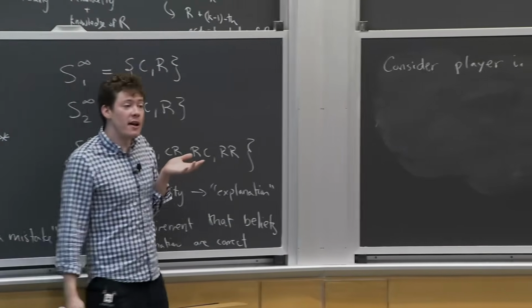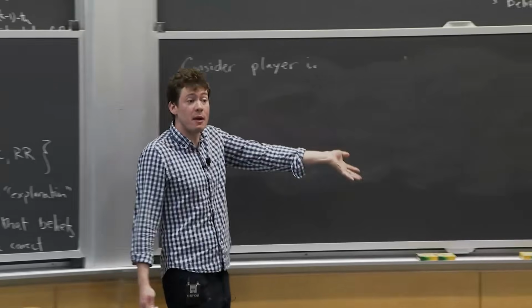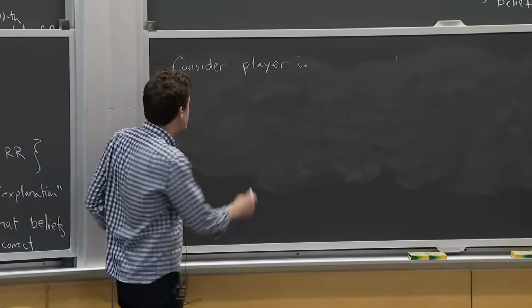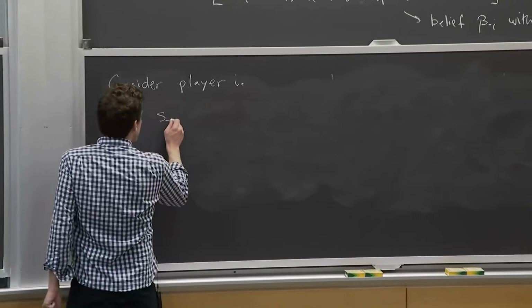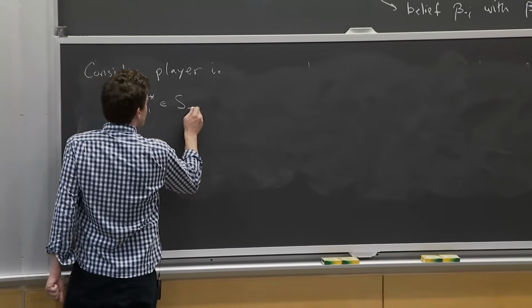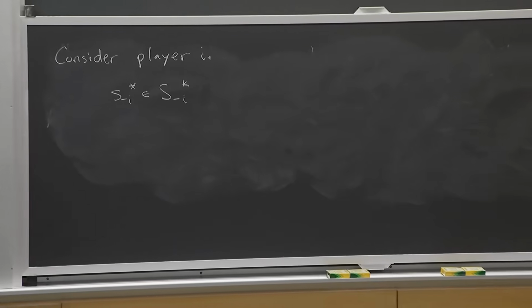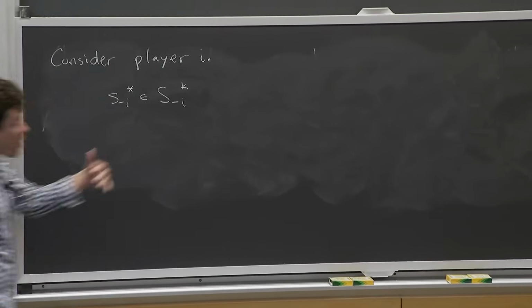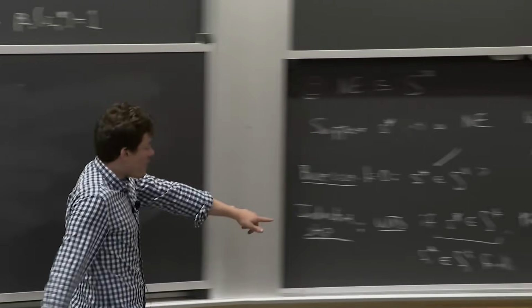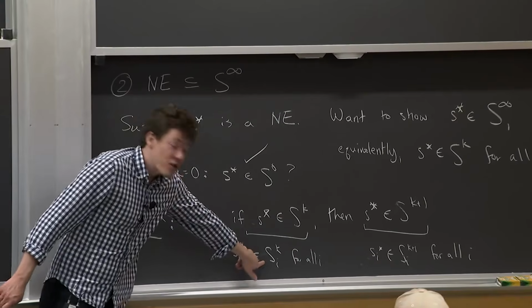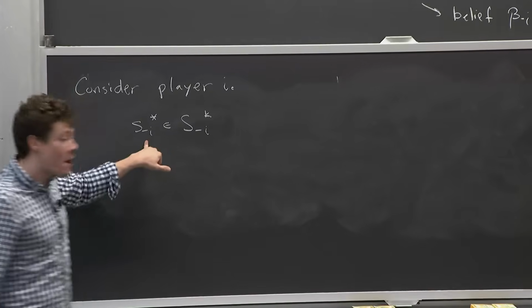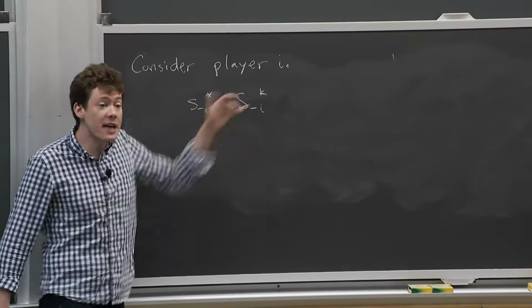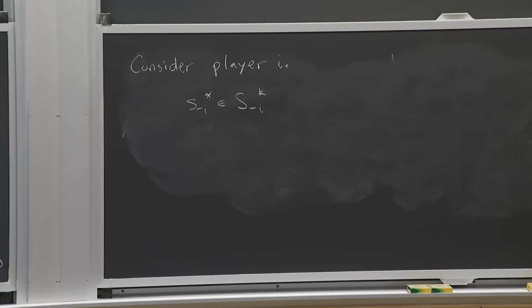What do I care about as player I? I care about what strategies my opponents might play, right? So the important thing is that we know that S negative I star is in S negative I k. This is the key part of our inductive assumption: everyone's strategy has survived so far, but the relevant aspect of that assumption is that all of my opponents' strategies have survived so far, because that's what's going to determine what strategies are best responses for me. So this is what we know.